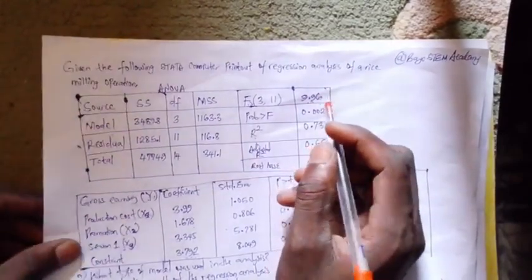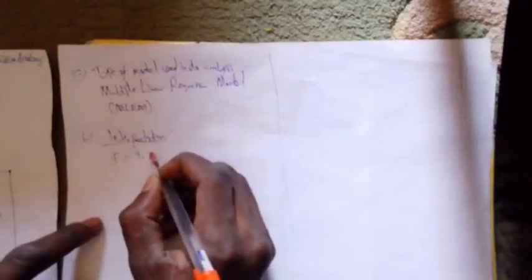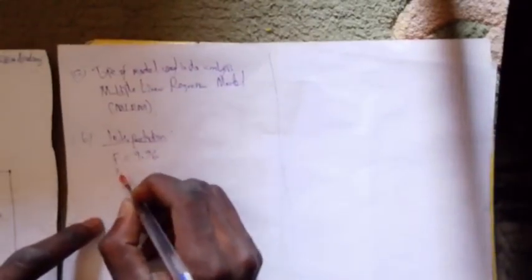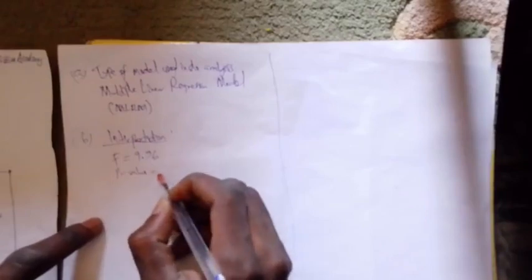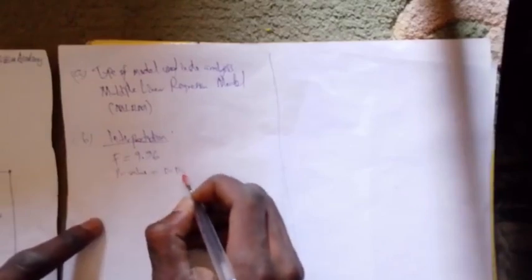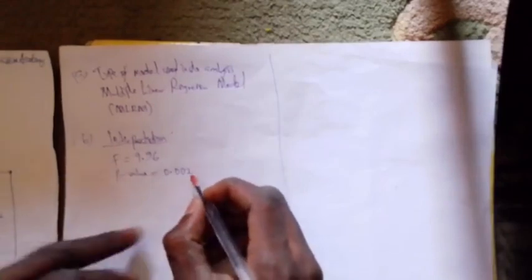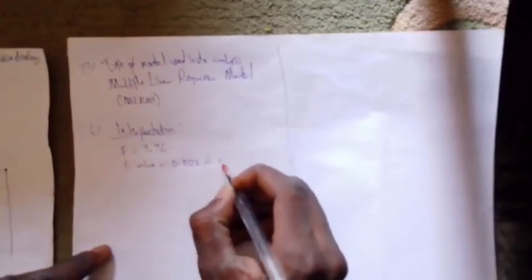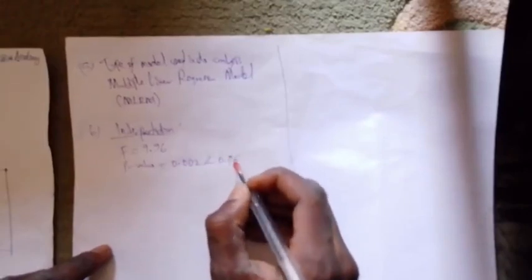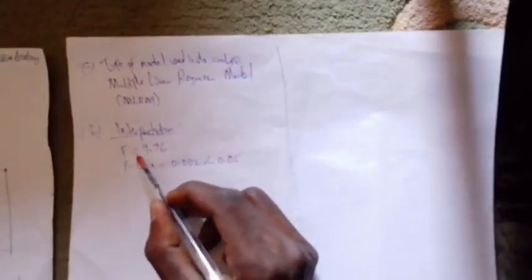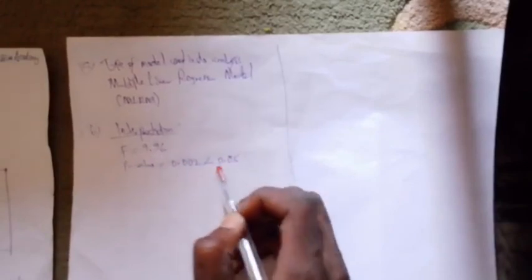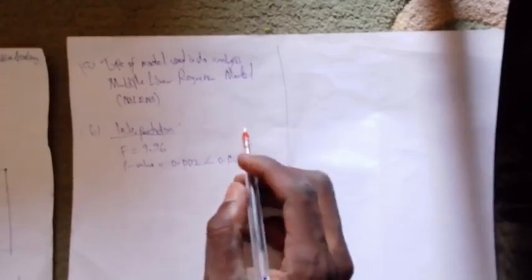The P value is 0.002. Given the P value as 0.002, this is less than 0.05.